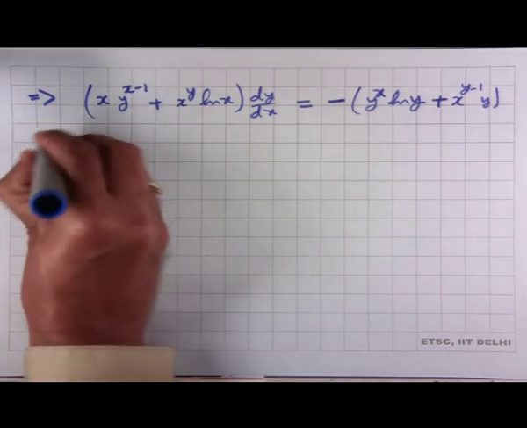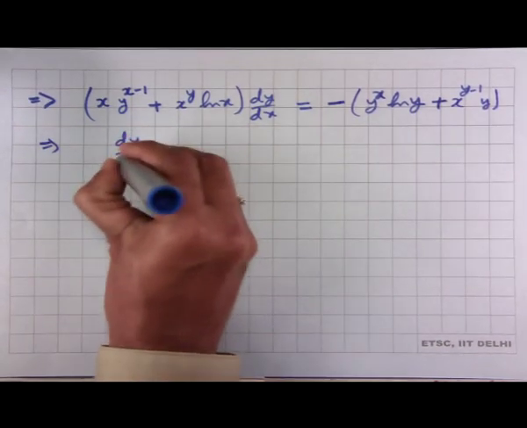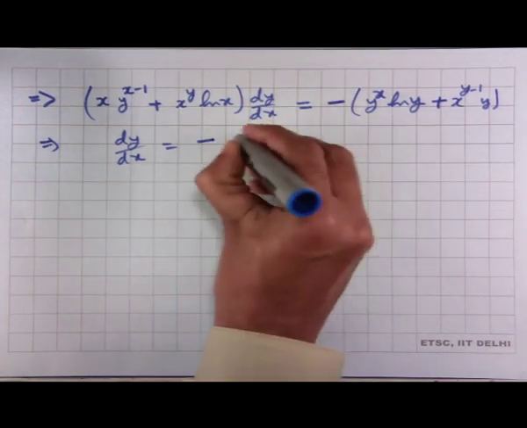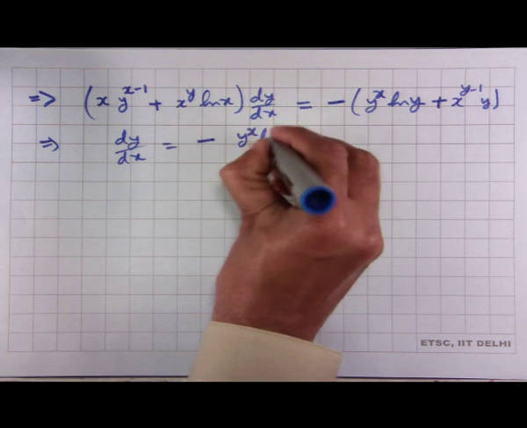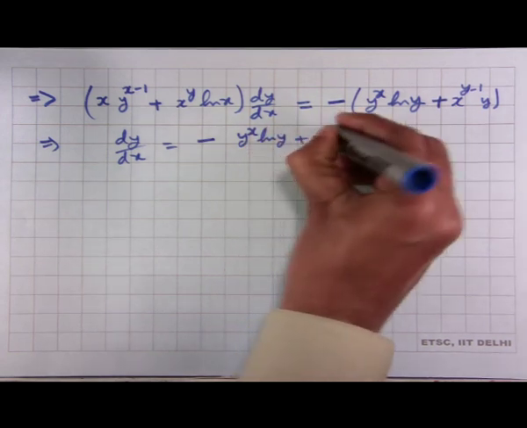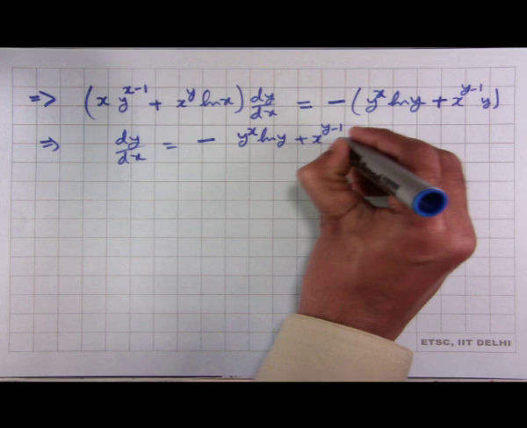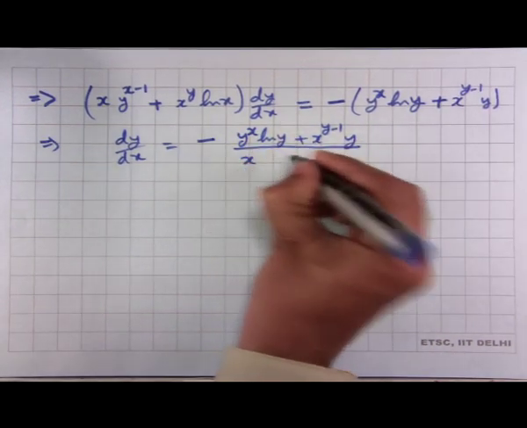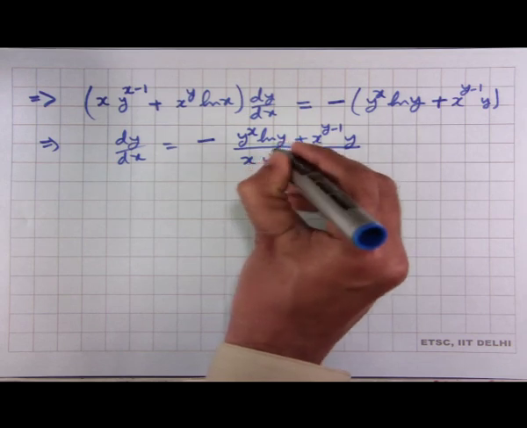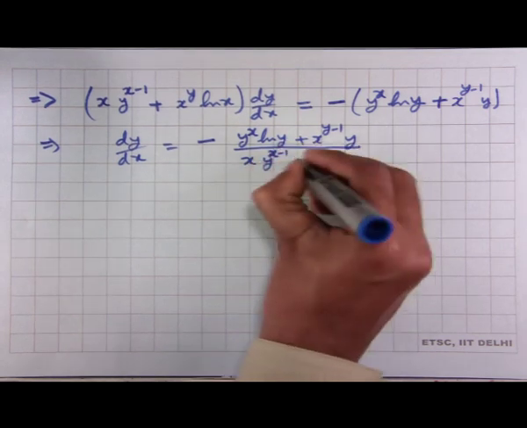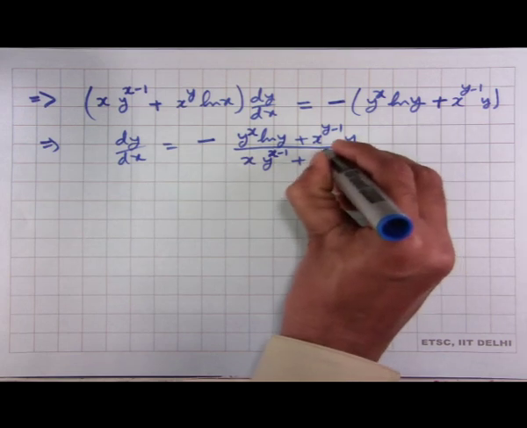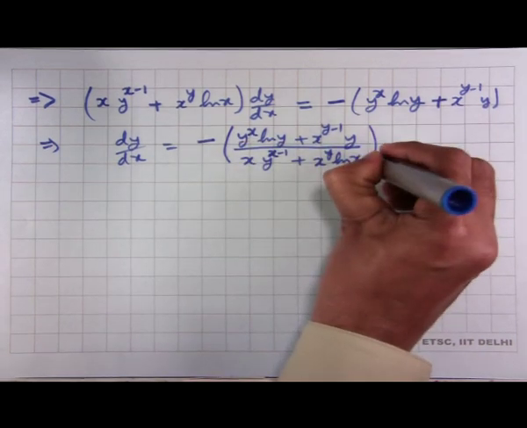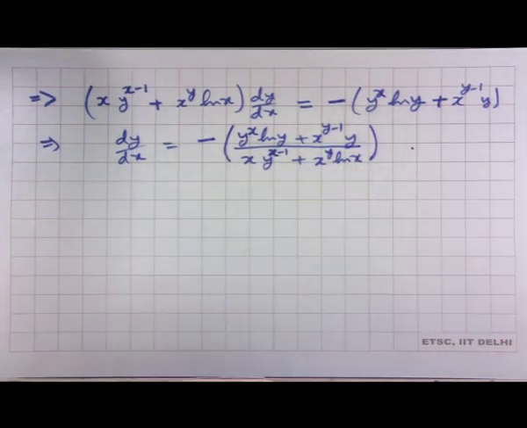So, this gives dy/dx is equal to negative of y to the x ln y plus x to the y minus 1 times y, divided by x to the y minus 1 y to the x minus 1 plus x to the y ln x. Right. So, we have calculated this.